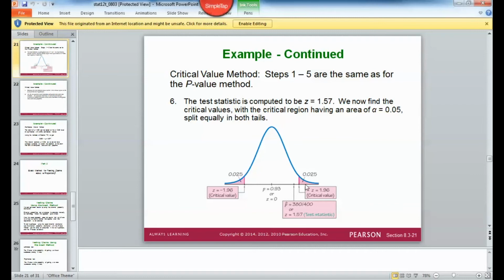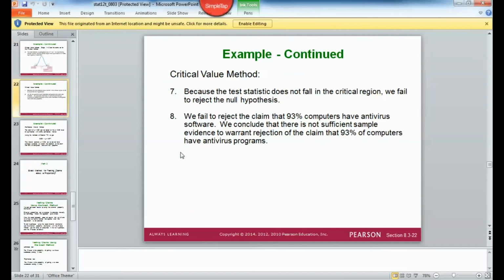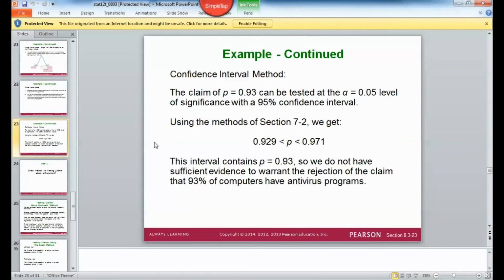Your test statistic is not located within the critical region, is it? Here it is right here. It's not located in this critical region. If it was, then we would reject. But since it's not, we fail to reject the null hypothesis. I usually don't go through the confidence interval method, but you can read through that if you want.